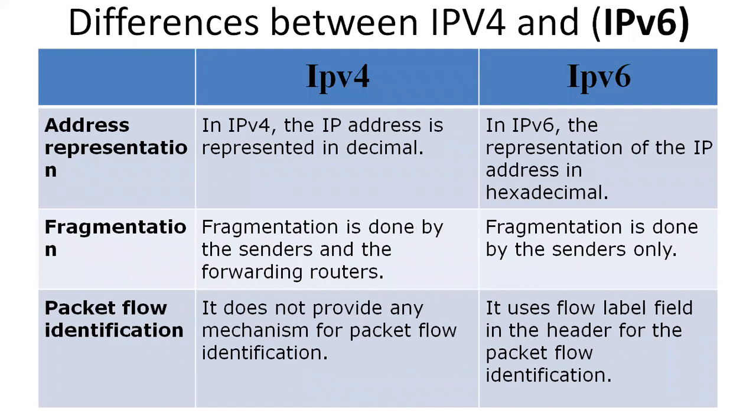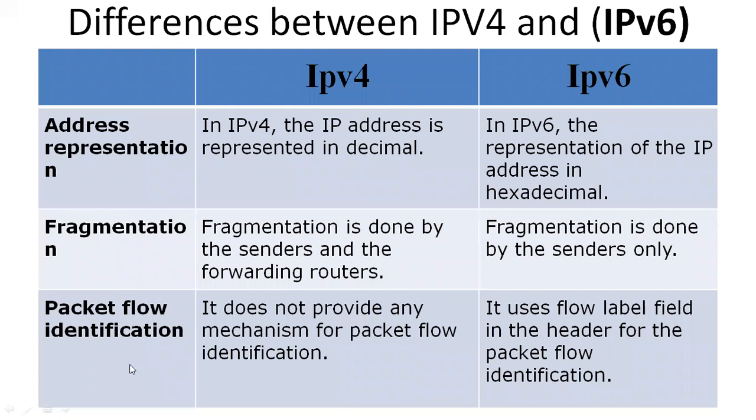Address representation: IP version 4 uses decimal representation, IP version 6 uses hexadecimal. Fragmentation is done by the routers in IP version 4, while in IP version 6 the fragmentation is done by the sender.